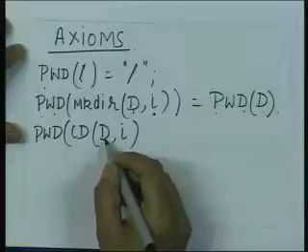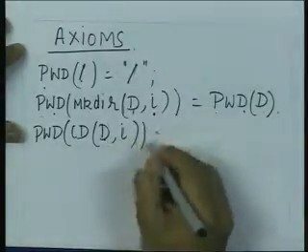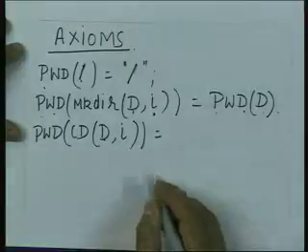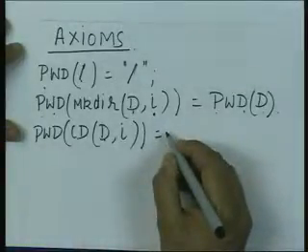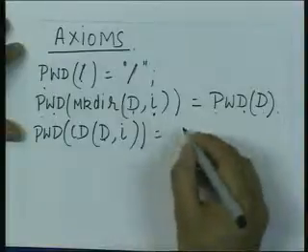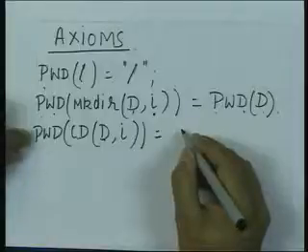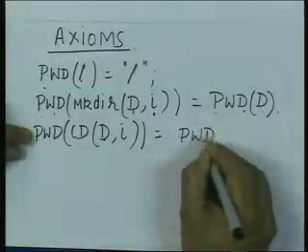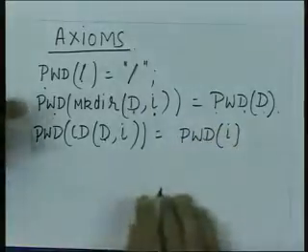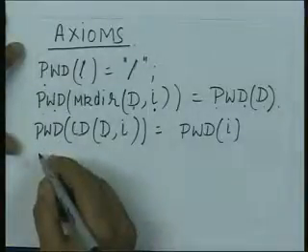You are changing from the directory d into the directory I, and here we can say that the result of this change directory operation and pwd is nothing but the pwd of I, because you are changing into the directory I, right. So that is the result of this particular operation.